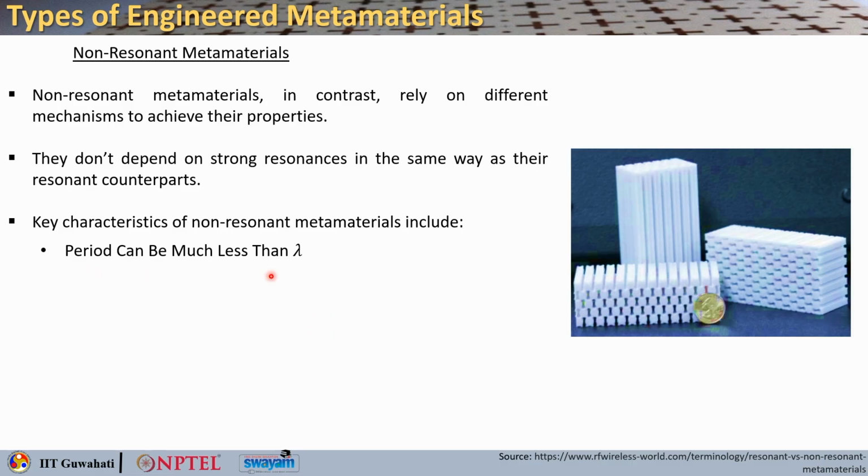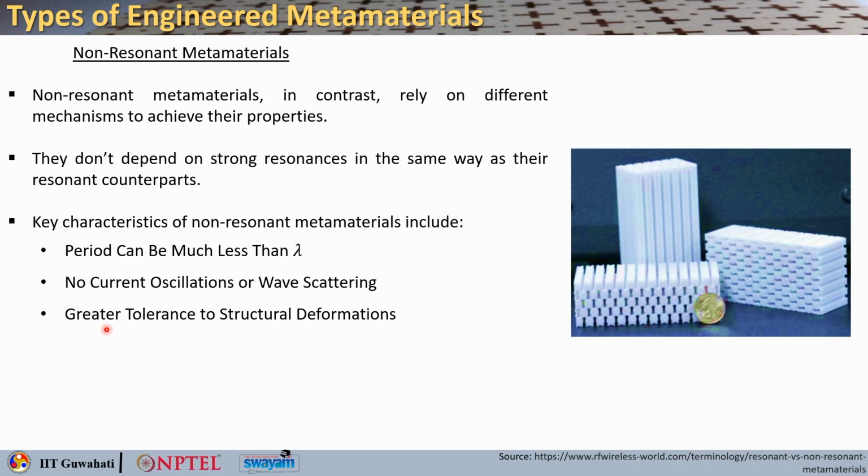The first thing is that here also the period should be much smaller than lambda, and there are no current oscillations or wave scattering happening in this case. So, the overall structure is behaving like a metamaterial. So, here you have greater tolerance, okay, to any kind of structural deformity, and because there are no current oscillations or wave scattering, they do not rely on oscillating currents or strong scattering properties for their functionality, right.